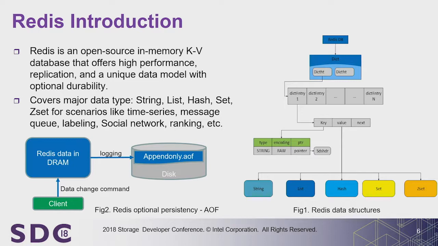For the major data types, it has 5 major data types so far, which are string, list, hash, set, and zset, for different kinds of real scenarios, right? You can cover things like time series, and how a message queue can be used for producer and consumer, and what labels can be used for, like a bunch of data sets can have different kinds of labels.